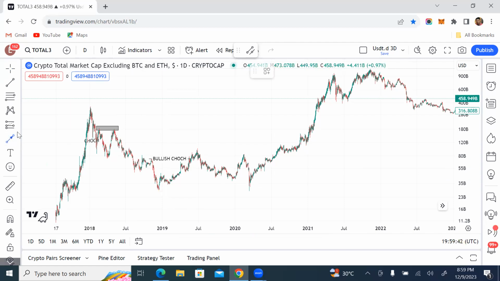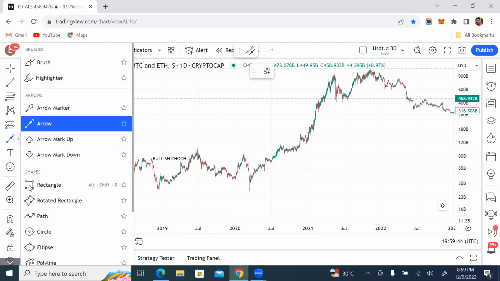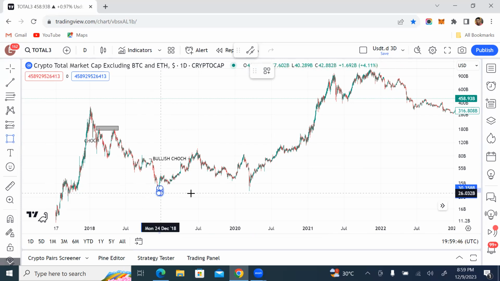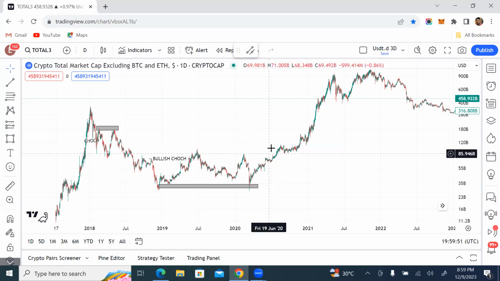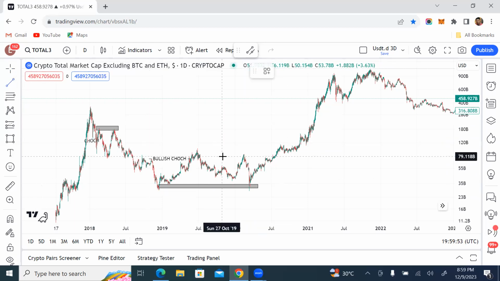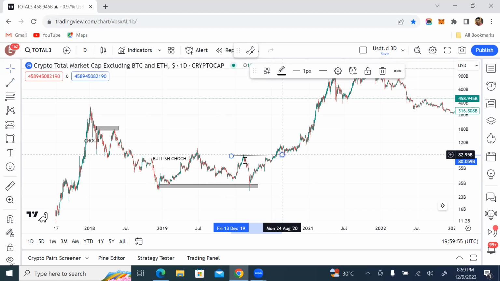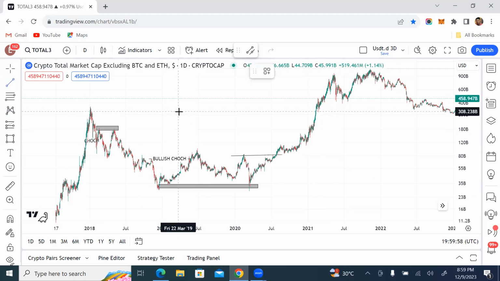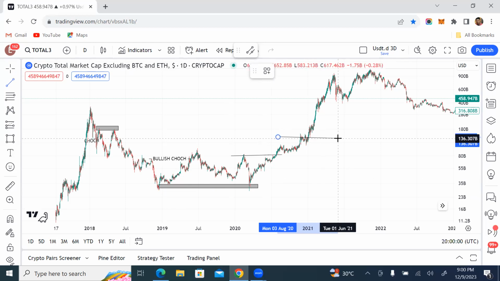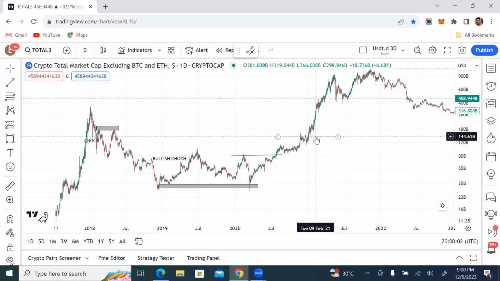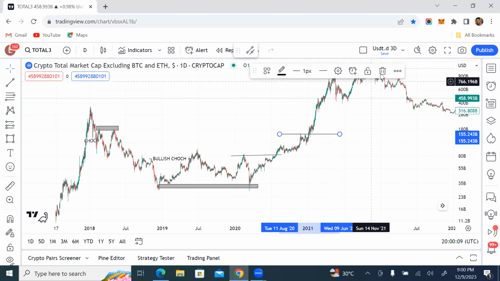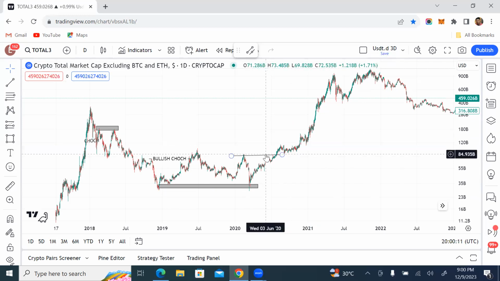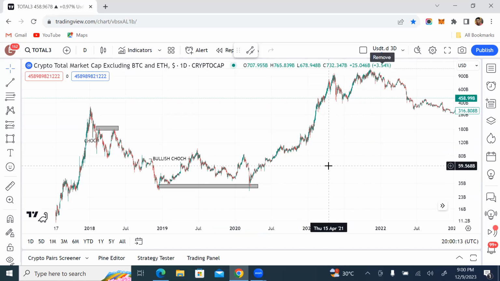There was an order block resting under here, and then price started to rally again, breaking structures, like so. So basically, this is how a market moves.